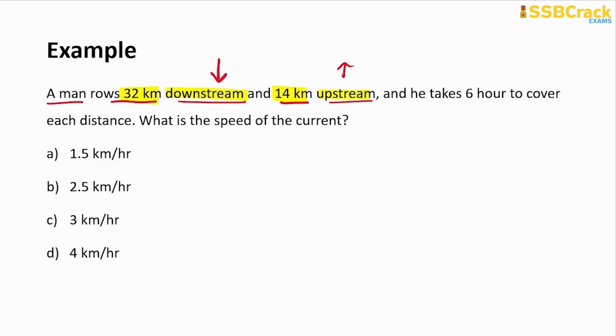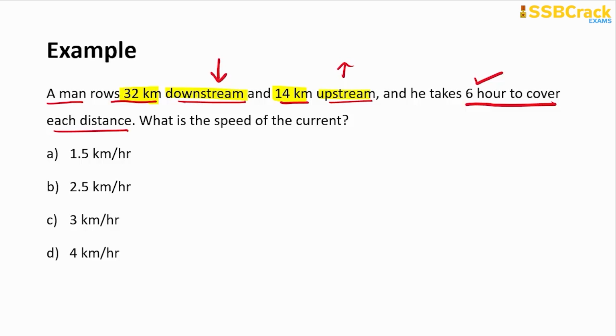And to travel that distance, the man takes 6 hours to cover each distance. Now be careful here, time can be the same or different, but here they mention that time is 6 hours, which is the same for the motion of the man. For both the distances, time is the same, 6 hours.